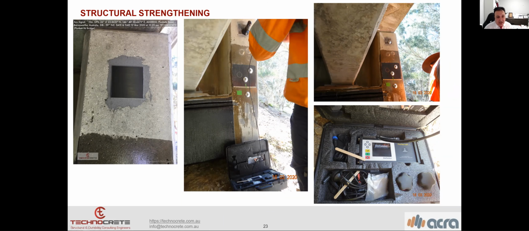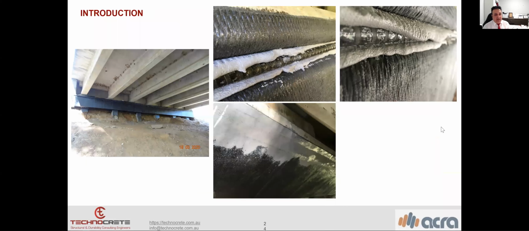Then we did the test, it was all right, and then we started wrapping the abutment. As you can see in the middle top photo, we have that anchorage, and we have an FRP rod inside that anchorage, completely covered by epoxy, in the right-hand top side of the photo.